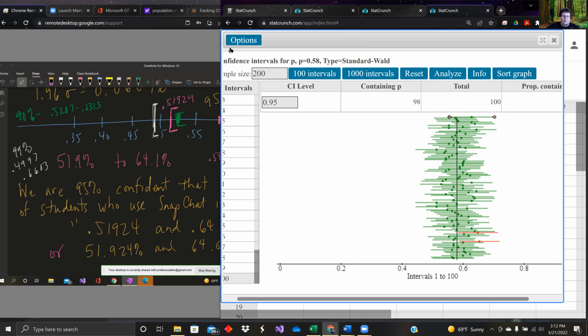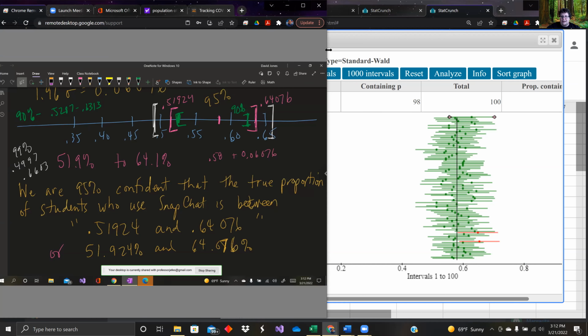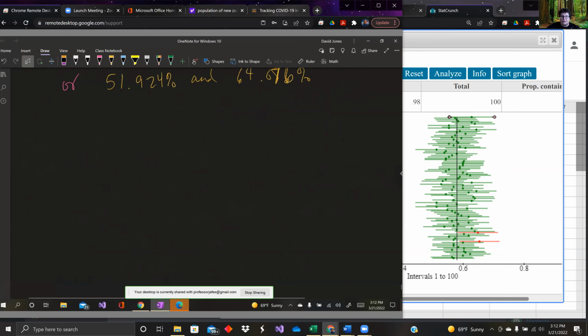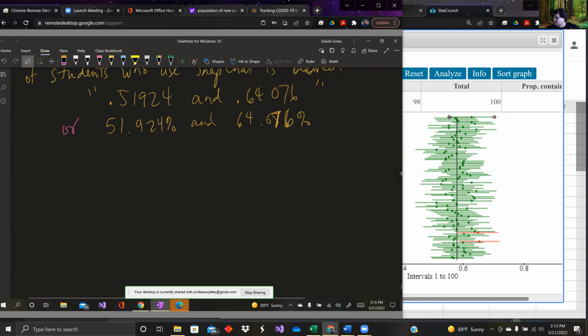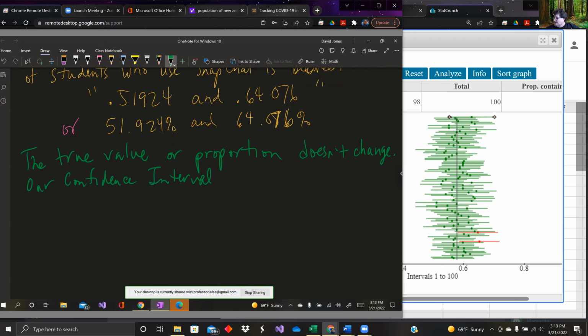Some of these samples contain it and some of them don't. The true value or proportion doesn't change like these sample windows do. Our confidence interval either contains it or it doesn't.